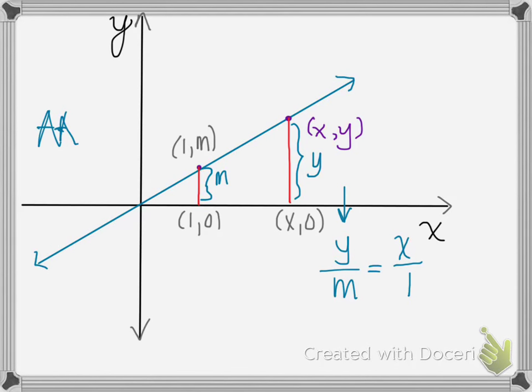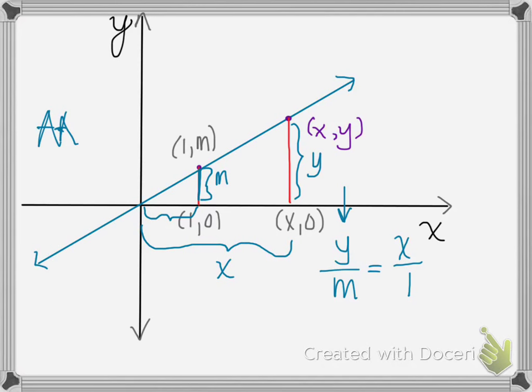Then this whole distance here is x, because that point is at x0. And the shorter distance here I chose to be 1, so that I could have the slope as part of this equation. So I've got x over 1 as another ratio for these similar triangles. So I have y over m equals x over 1.